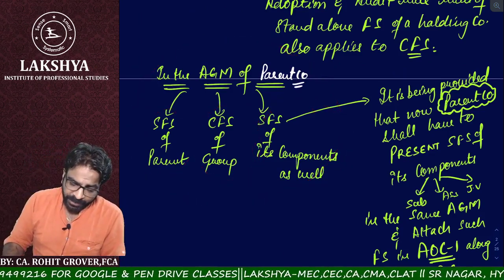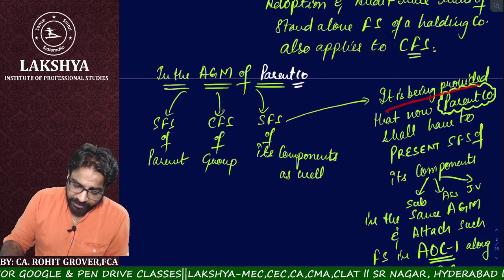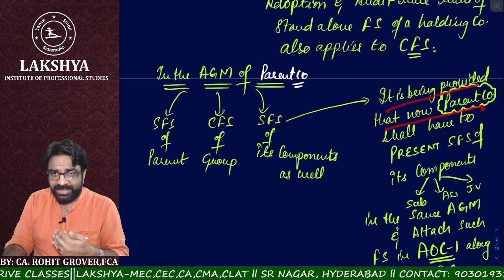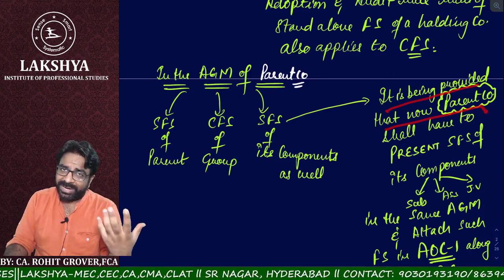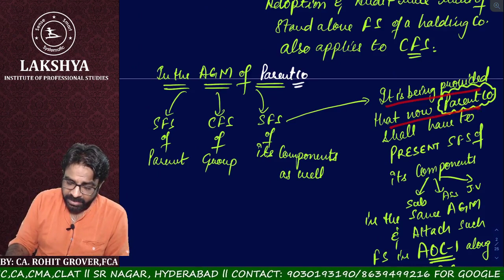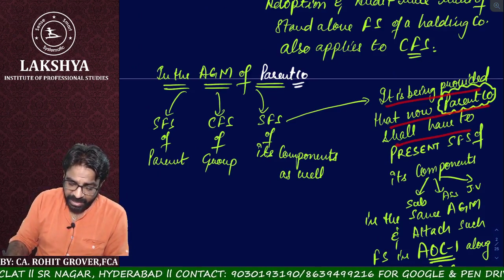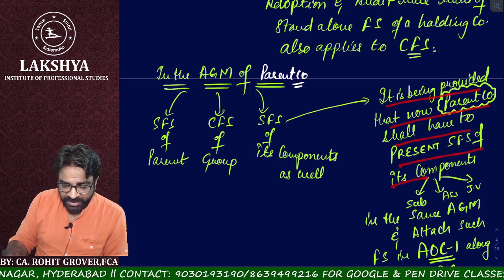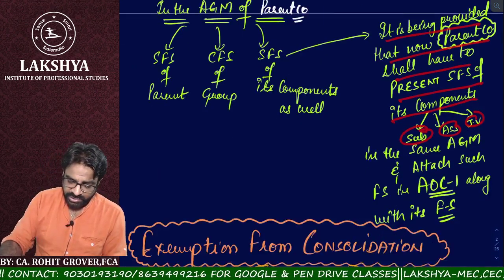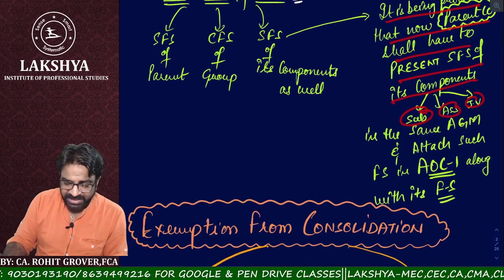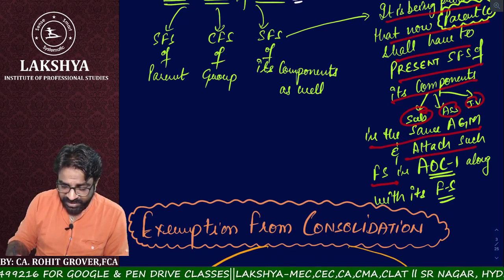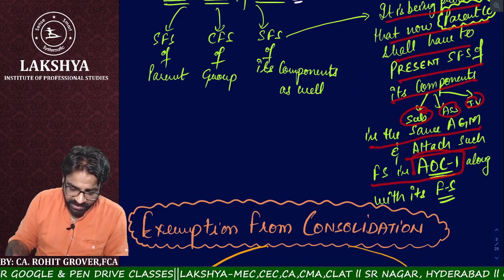Yes sir. Now it is being provided that the parent company, that's what I explained to you. I have written it as well so that you can understand how to write that particular thing in the examination. It is being provided that the parent company shall have to present standalone financial statements of its components, that is subsidiaries, associates and joint ventures, in the same AGM and attach such financial statements in AOC1 format.